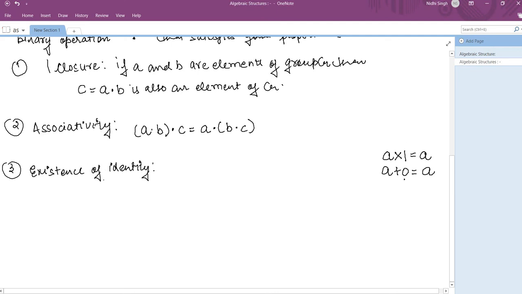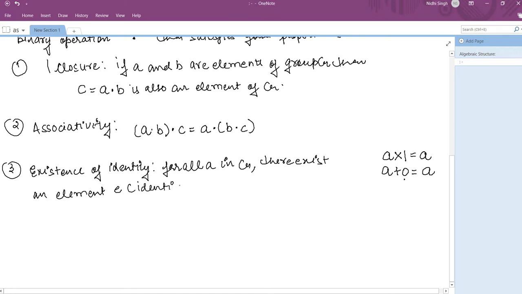So for the group, the definition will be: for all A in G, there exists an element E, the identity element, such that A binary operation with the identity element, or E binary operation with A, gives you the same result.